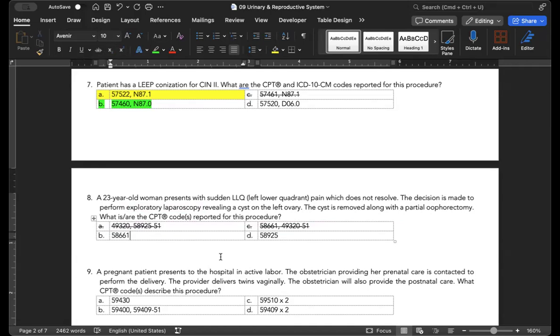So then let's go to the 58661 and the 58925. 58661 is a laparoscopy, surgical, with removal of an adnexal structure, partial or total oophorectomy or a salpingectomy. And then the 58925 is an ovarian cystectomy, unilateral or bilateral. So should we use B or D?